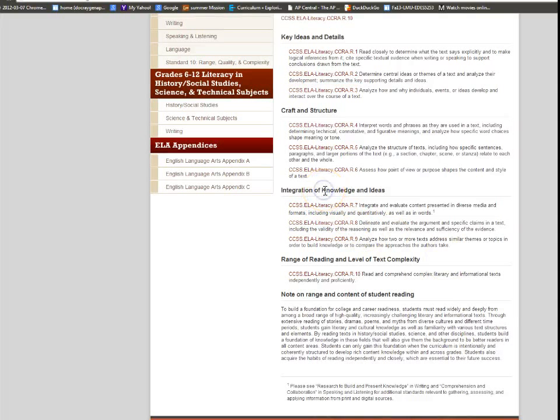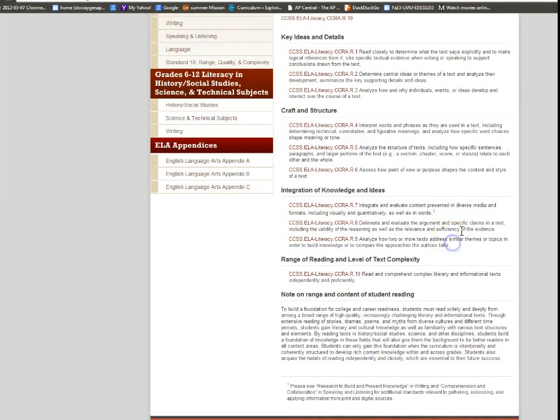The next division is integration of knowledge and ideas. Standard 7. Integrate and evaluate content presented in diverse media formats, including visually and quantitatively as well as in words. Number 8. Delineate and evaluate the argument and specific claims of a text, including the validity of the reasoning as well as the relevance and the sufficiency of the evidence.